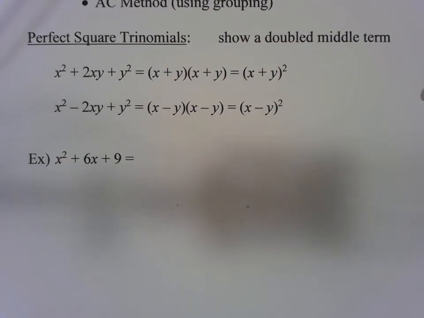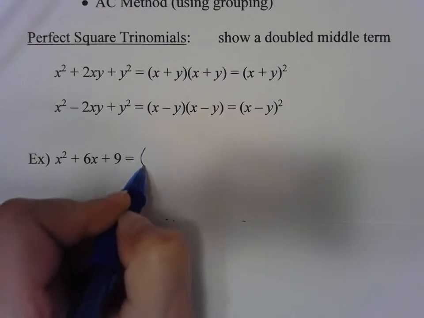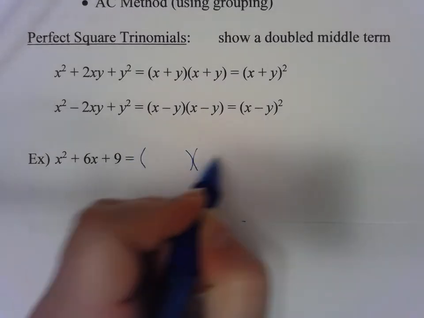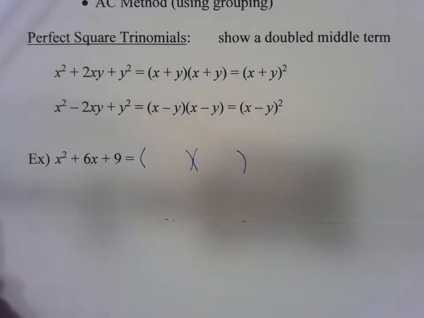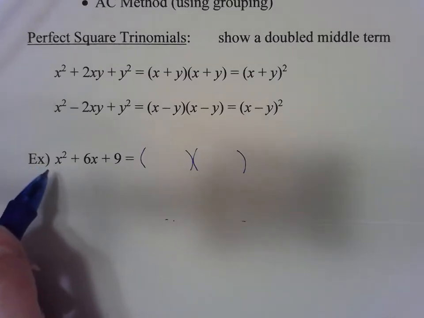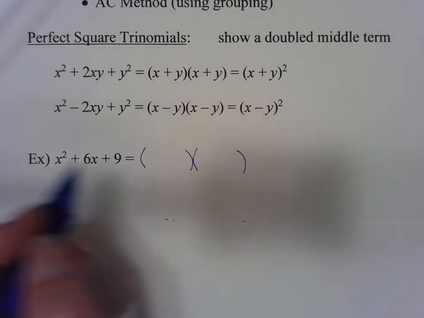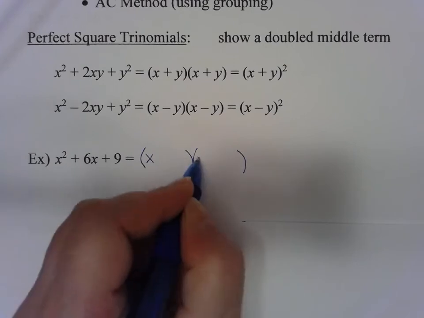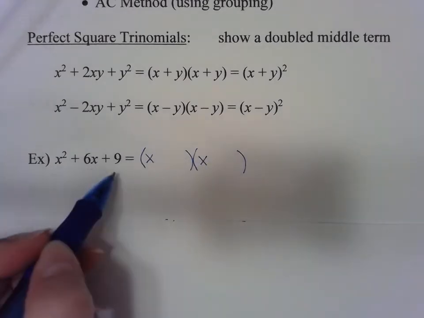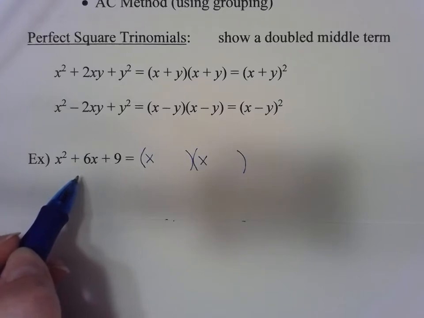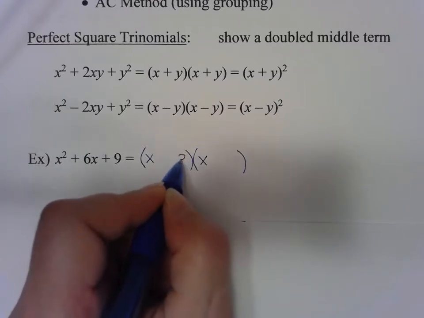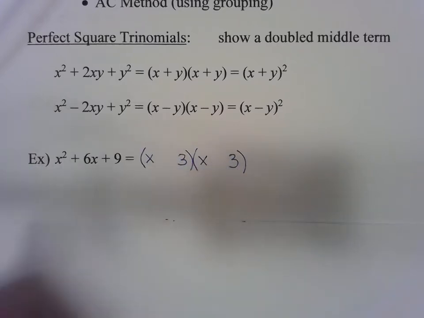Let's start with this one. Say we had x squared plus 6x plus 9. Again, I don't have to do anything differently from what we've already talked about. I can factor it in the same way. Trial and error would be good for this one. X and X for sure. 2 numbers that multiply to be 9 and add to be 6. 3 and 3 comes to mind.